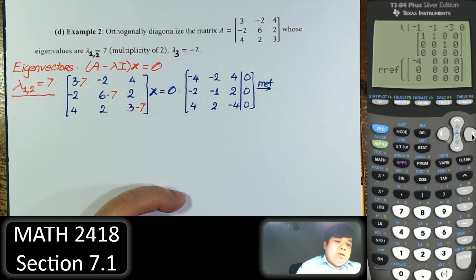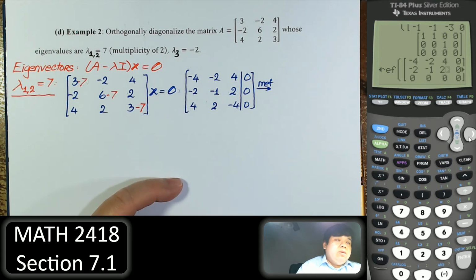Negative 4, negative 2 and 4, negative 2, negative 1 and 2, 4, 2 and 4.